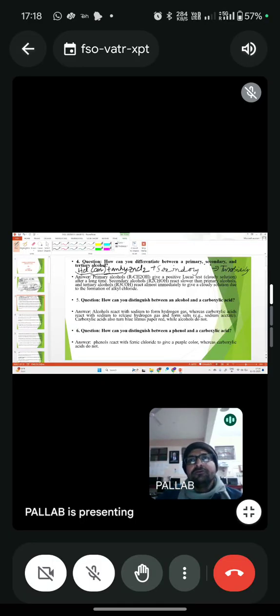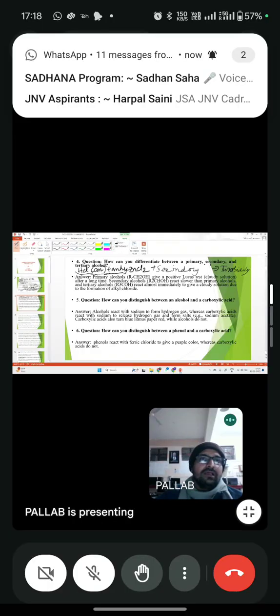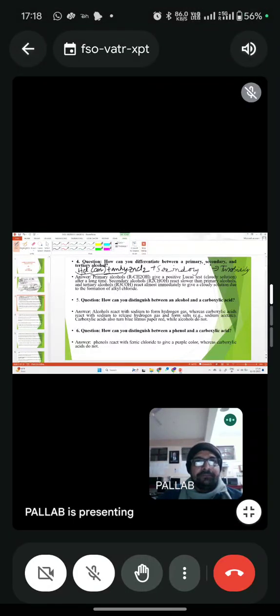And primary alcohol will react with Lucas reagent and form turbidity after a long time.